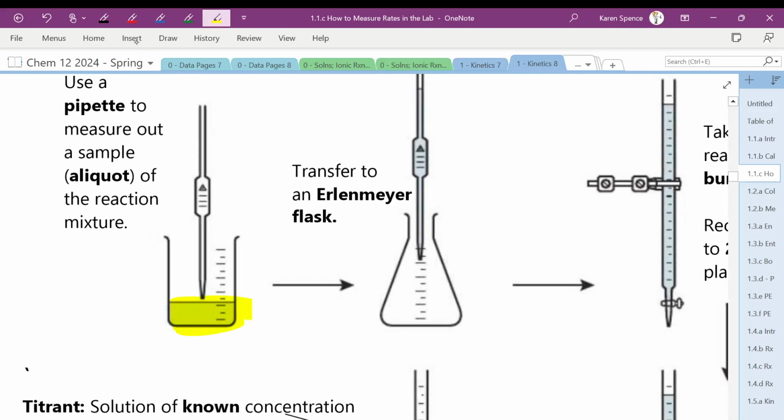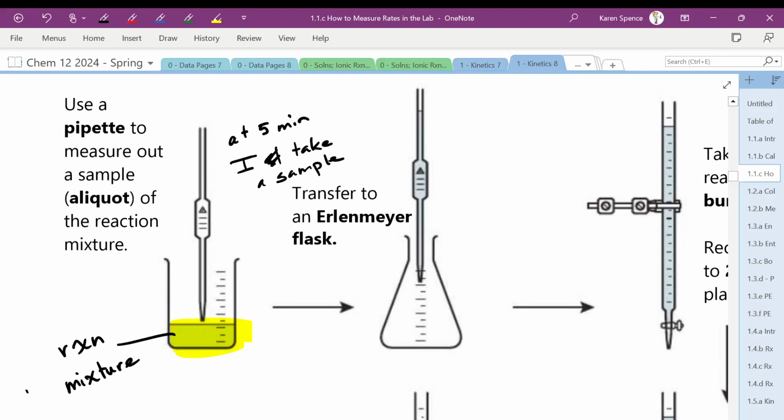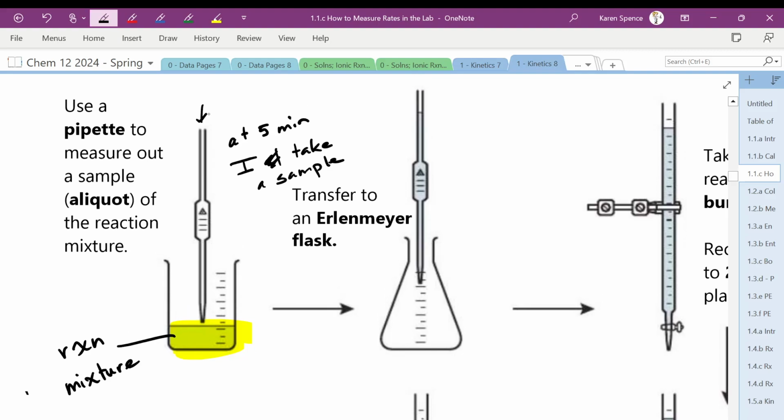Here's my reaction mixture. It is reacting away. Now let's say after 5 minutes, I take a sample. Anyone recognize this piece of equipment with which I am taking the sample?